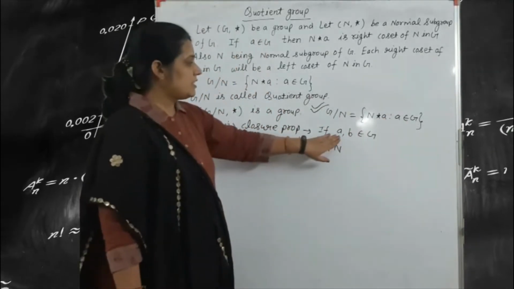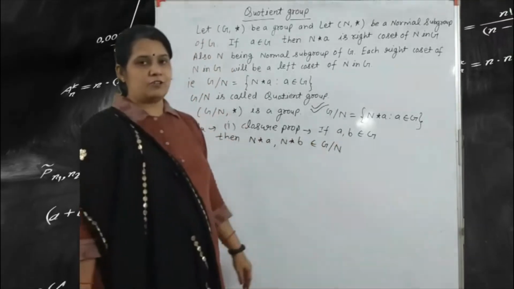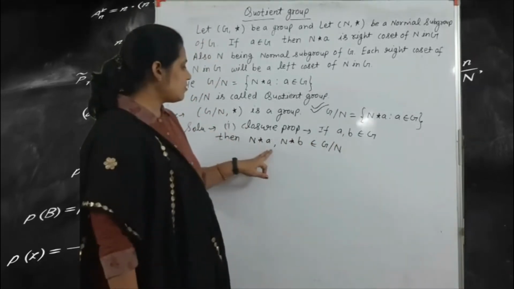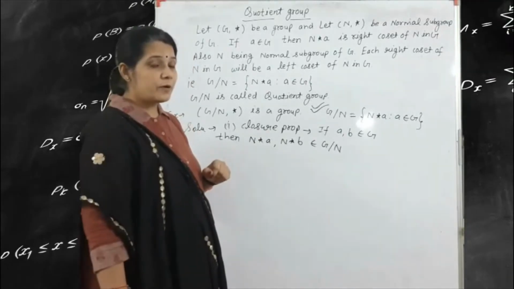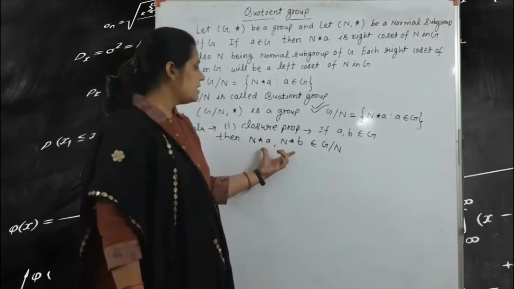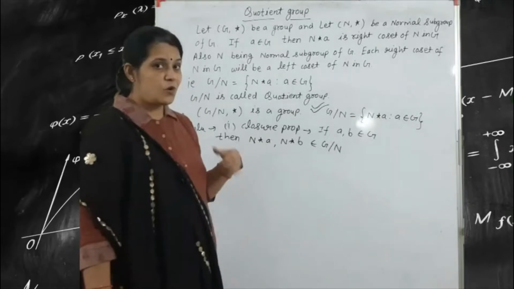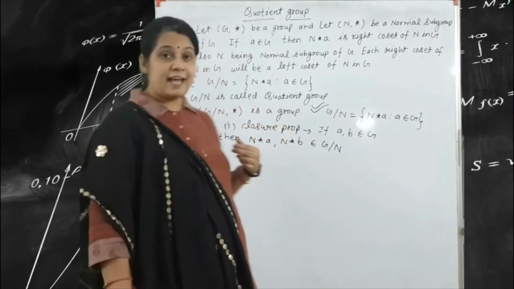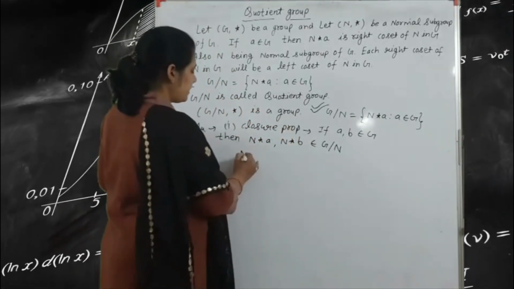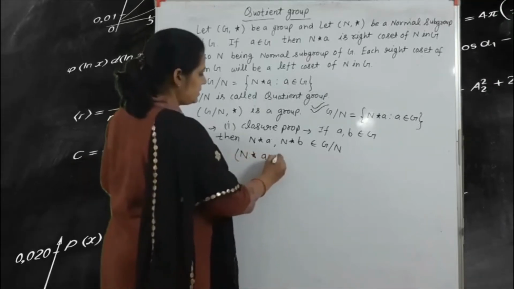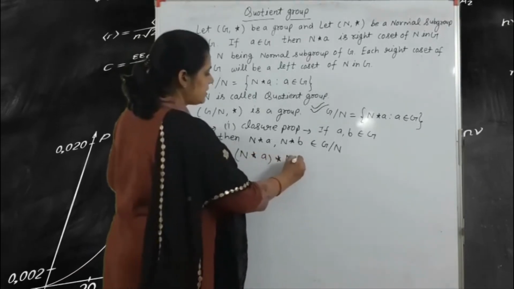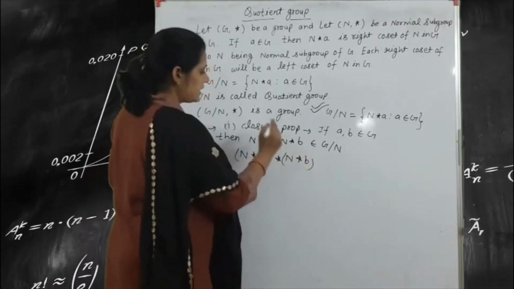So first we write a, b belongs to G and N*a, N*b belongs to G/N. So what is the closure property? Closure property is that a*b also belongs to G/N. So here N*a * N*b, that means N*(a*b) belongs to G/N.